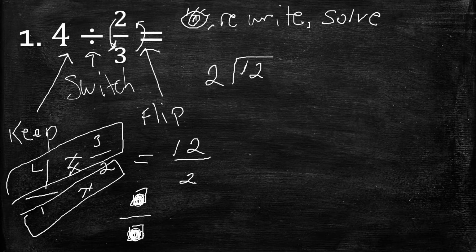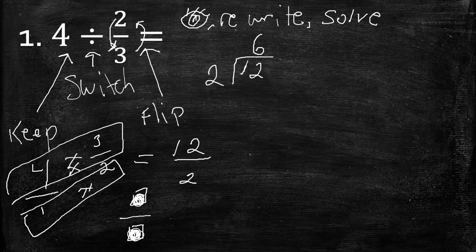How many times can 2 evenly go into 12? Well, I know 2 can go in there 6 times, so I can put my 6 up top. Oh, I made a little mistake. That's okay. Accidents happen.